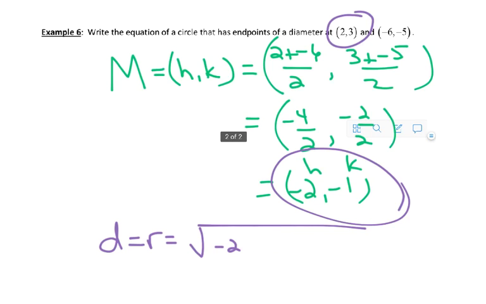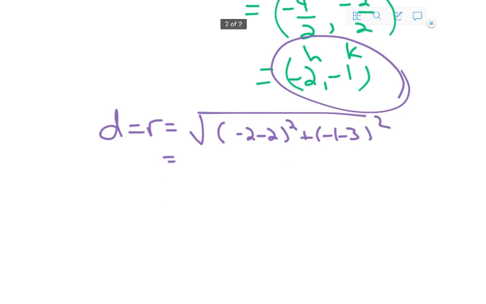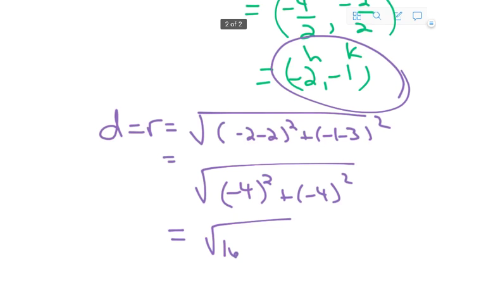Try that again. Negative 2 minus 2 squared plus negative 1 minus 3 squared. So I get the square root of negative 4 squared plus negative 4 squared, which is the square root of 16 plus 16, which is the square root of 32.